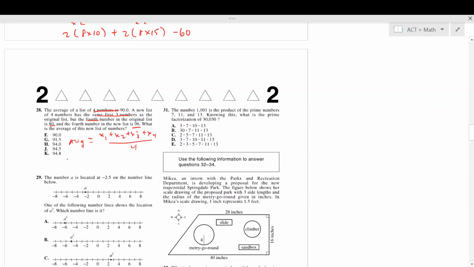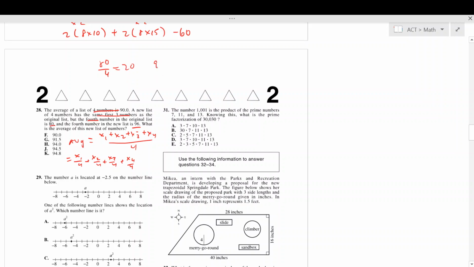Well, we can also write it like this: x1 over 4 plus x2 over 4 plus x3 over 4 plus x4 over 4. Just distributive property. So we can see that each number contributes a fourth of its value to the average, right? So if the original number was 80, it contributes 20 to the average.